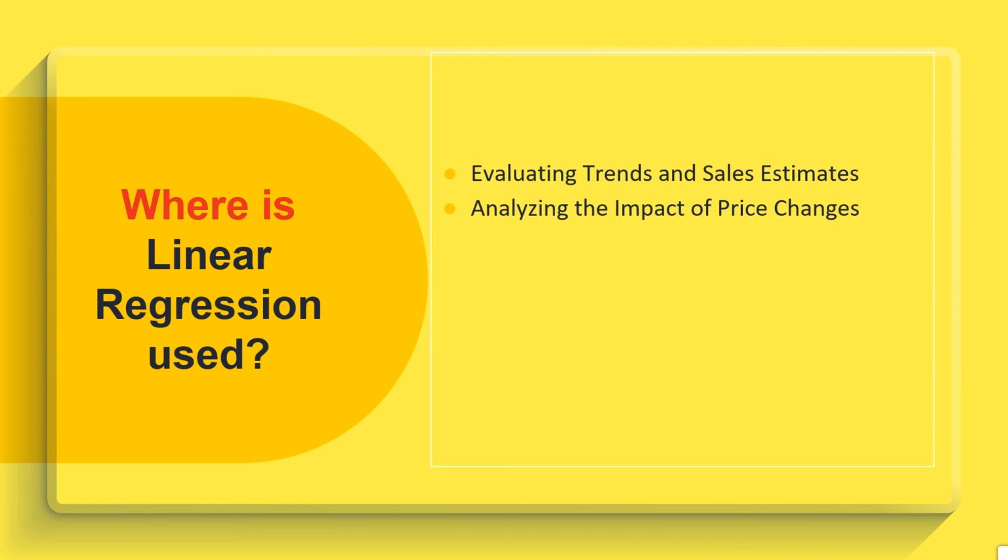This would result in a line that depicts the extent to which customers reduce their consumption of the product as the price increases. So these results would help us in future pricing decisions.